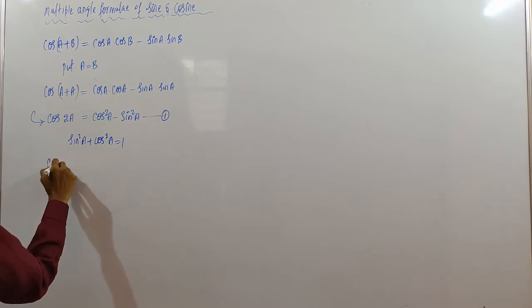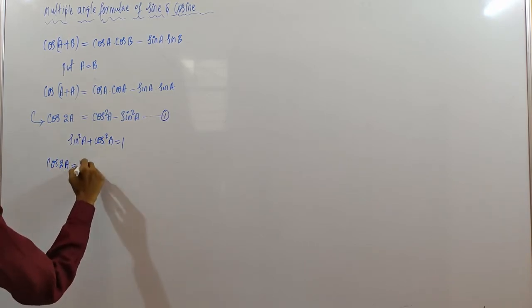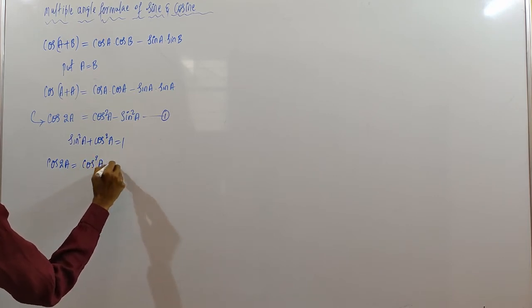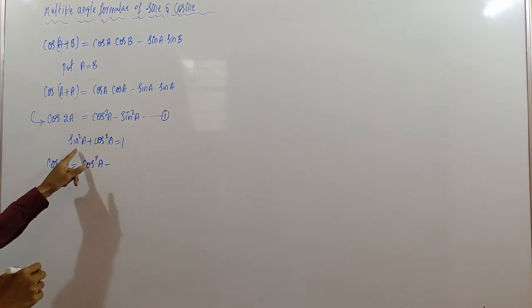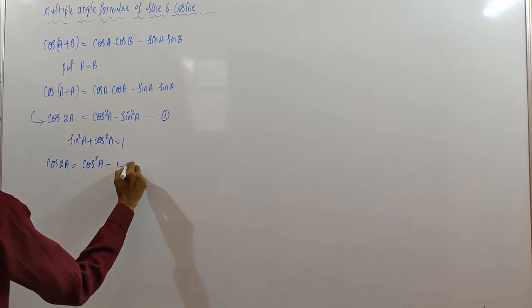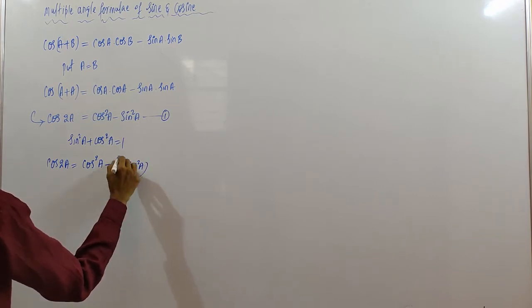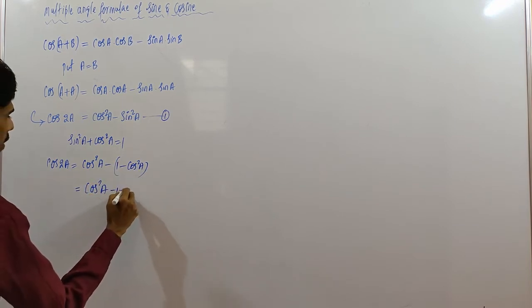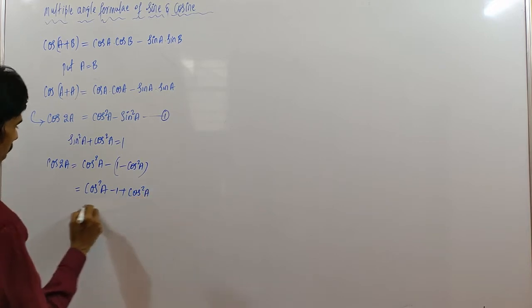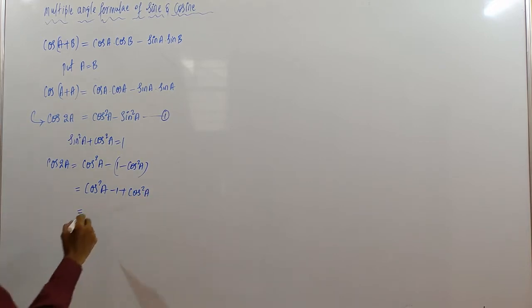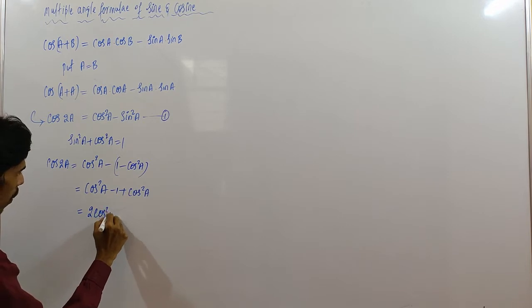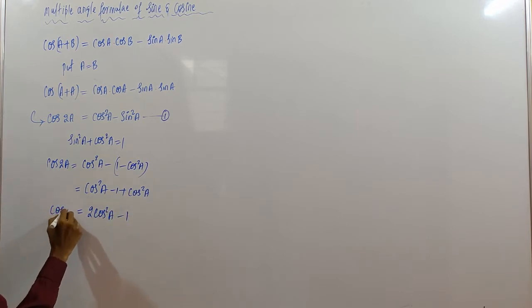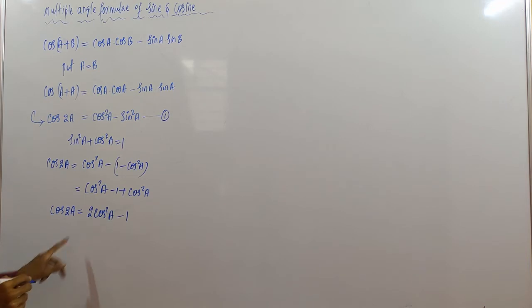So cos 2A can be written as cos square A as it is minus sin square A. From this, sin square A will become 1 minus cos square A. So this will become cos square A minus 1, minus into minus plus cos square A. Cos square A plus cos square A is 2 cos square A minus 1. This is the value of cos 2A. This is another formula: cos 2A is 2 cos square A minus 1.